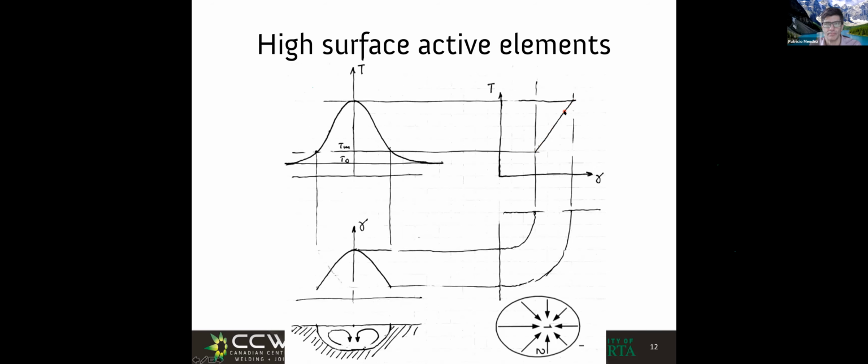Opposite behavior. Surface tension increases with temperature. And then what would I have? Higher surface tension in the center, a low surface tension in the edge, which means the center is pulling the fluid into the center of the weld. And if I pull it into the center of the weld, then it comes down kind of as a hot jet. This gives us a lot more penetration.